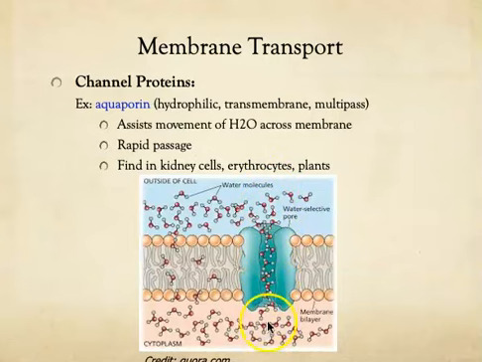It allows for a very rapid transfer of water across a membrane in large volumes. And it's found, this aquaporin molecule, in particularly large amounts in kidney cells, in red blood cells or erythrocytes, and it's also quite abundant in plant cells.